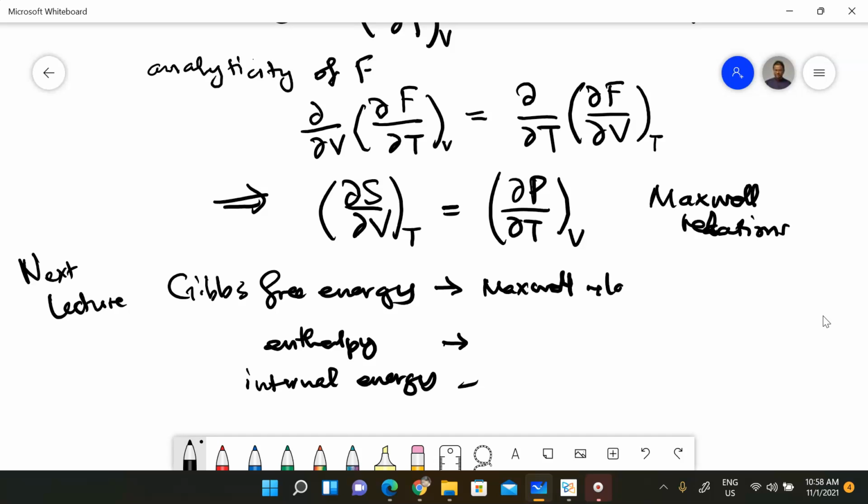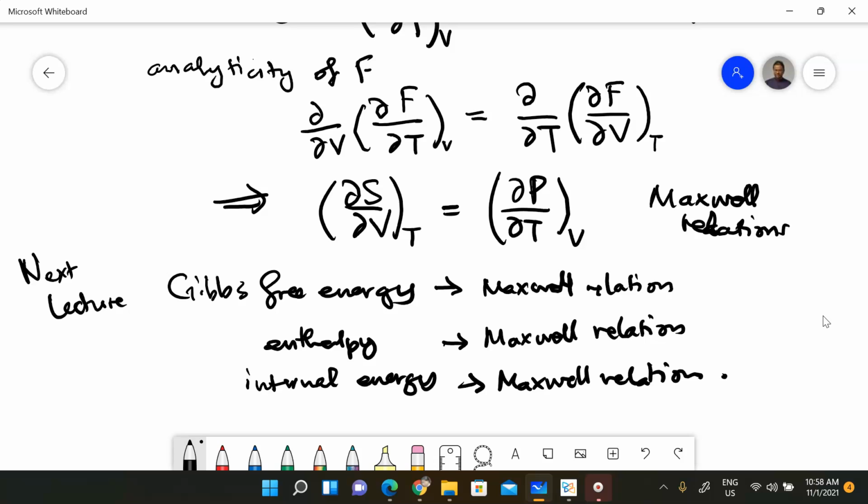So there will be four Maxwell relations, which of course you can't remember all of them, but you can always try to derive them from this so-called Legendre transformation. So we'll do that hopefully in the next lecture.